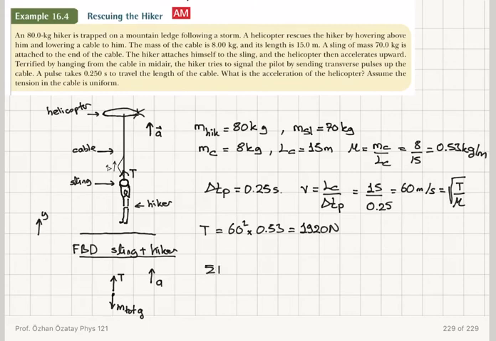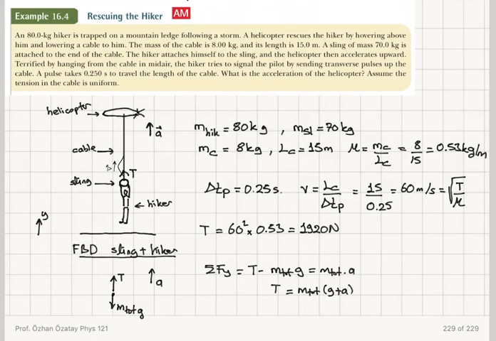So the net force in y is equal to the tension minus the total mass of the sling and hiker times g, which is the total mass times the acceleration. So the tension must be equal to the total mass times g plus a.